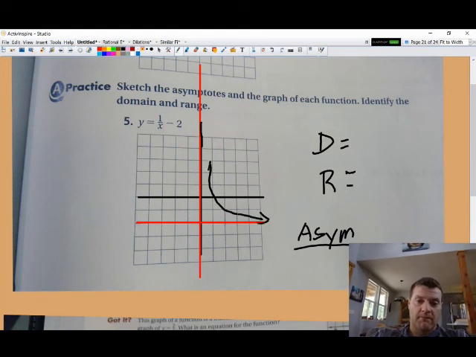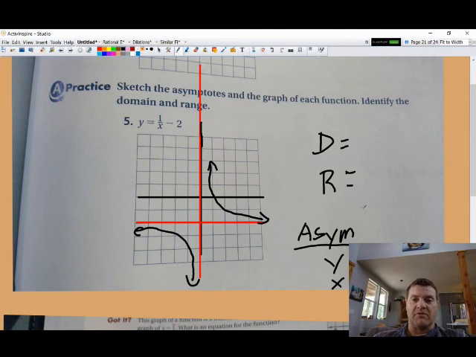Here and here. Okay, so my asymptotes: y is going to equal -2. That's this line right here. The y value is always -2, and x stayed as x equals 0.